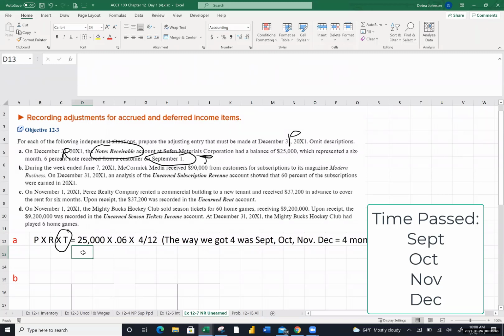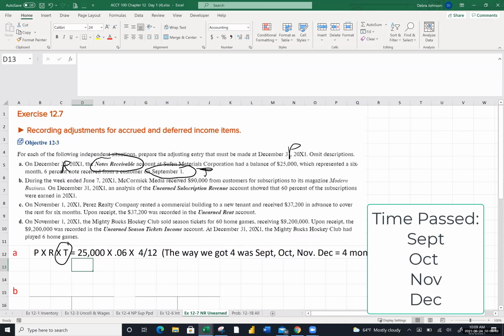I'm going to do it right now: 4 divided by 12, don't round, times 0.06, don't round, times 25,000. You know that I transpose numbers often, so Giselle will double check me. When I did that, I got 500 on my calculator.